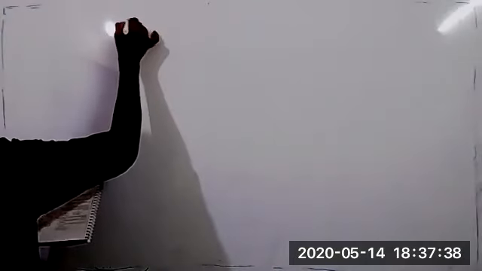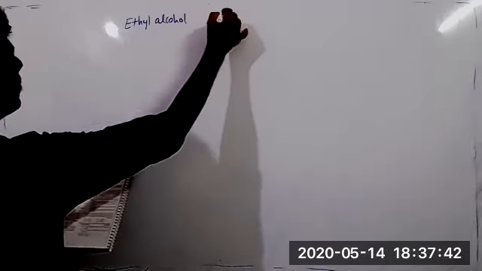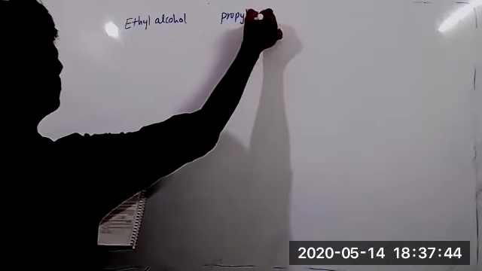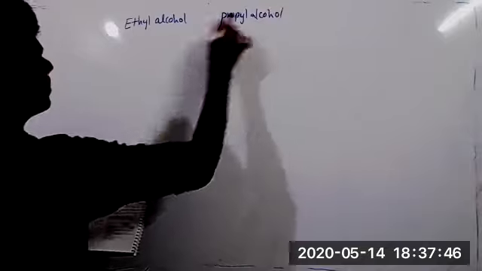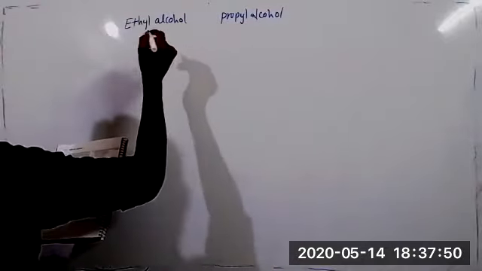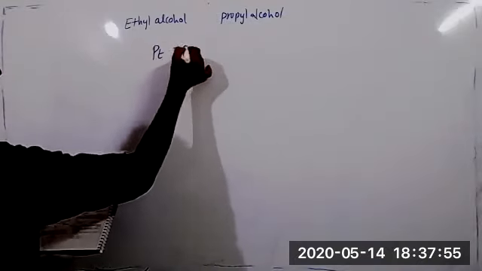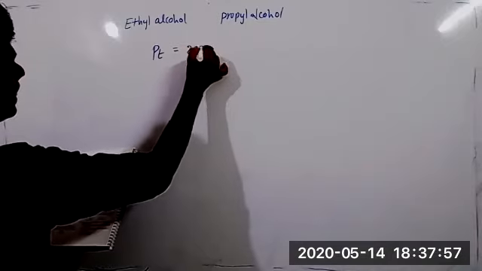First of all, note down the given data. Ethyl alcohol and propyl alcohol. When you mix both, it gives one solution. That solution's vapor pressure, meaning PT, total vapor pressure, is 290 mmHg.